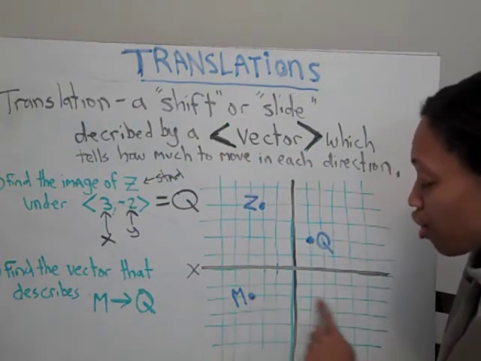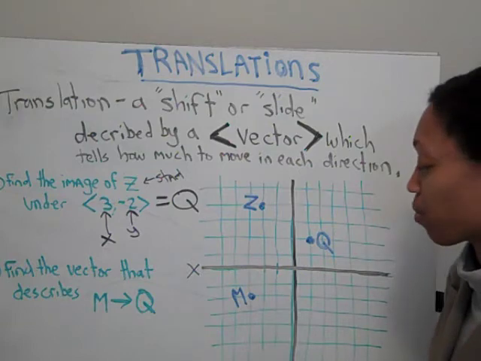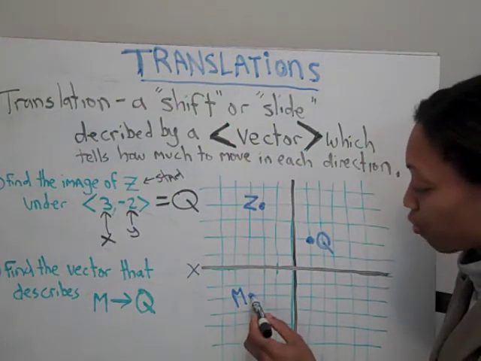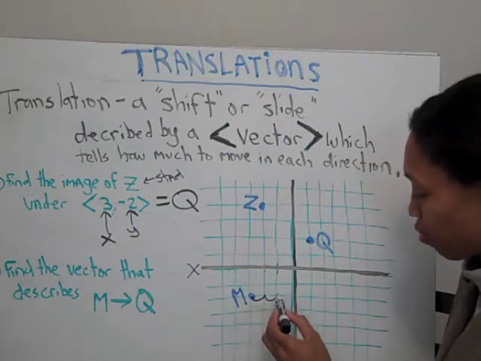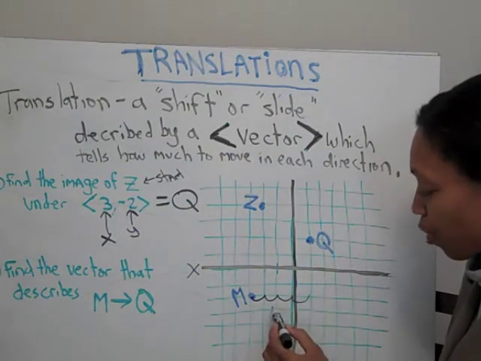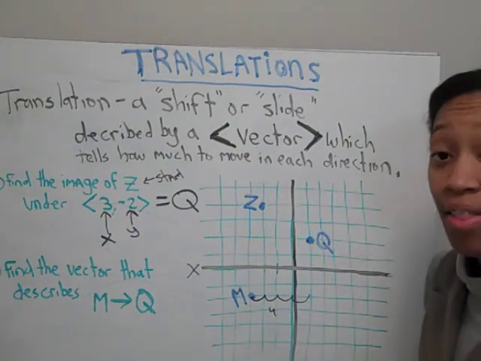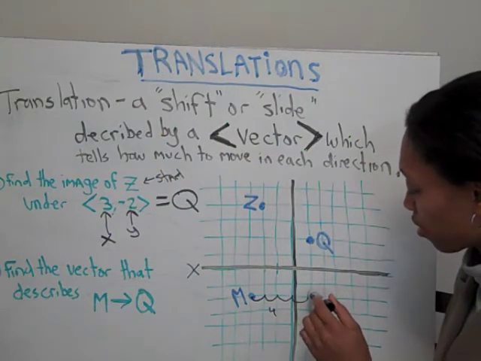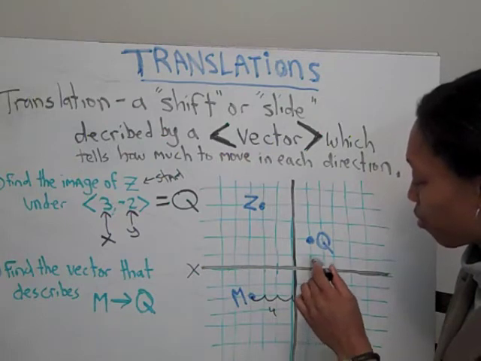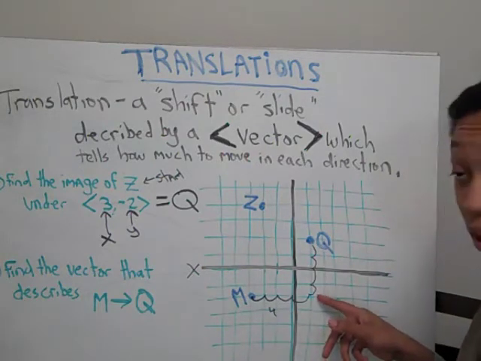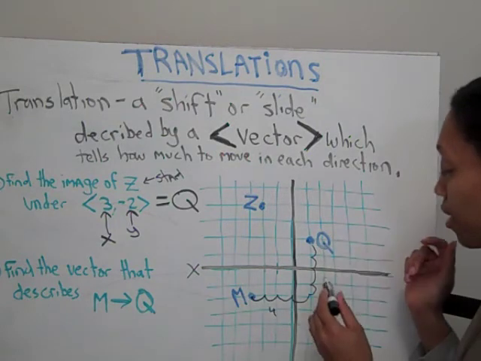Well, I'll start with how much I have to move in my X direction. It looks like in my X direction I need to move over 1, 2, 3, 4. So I need to come over 4, and then I need to come up 1, 2, 3, 4. Over +4, then up +4.